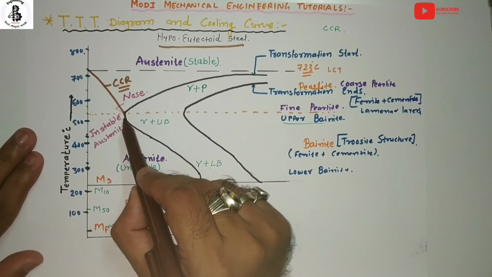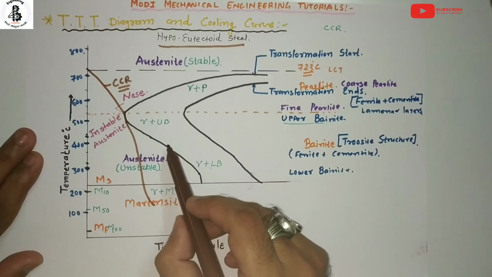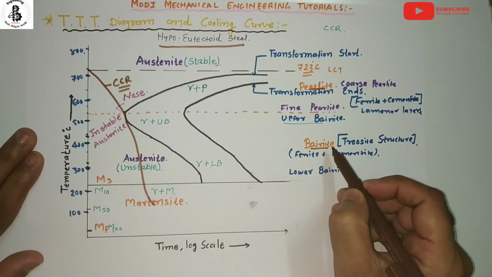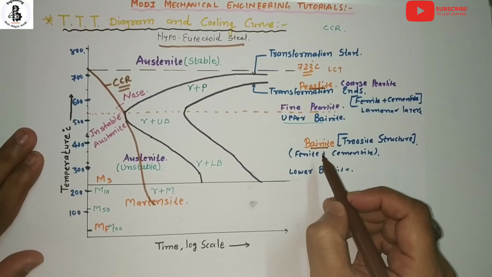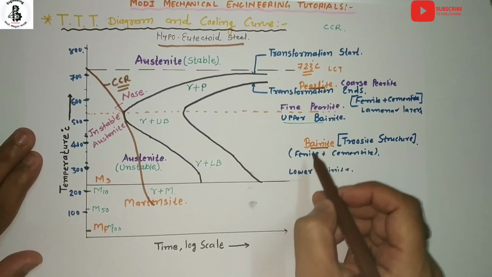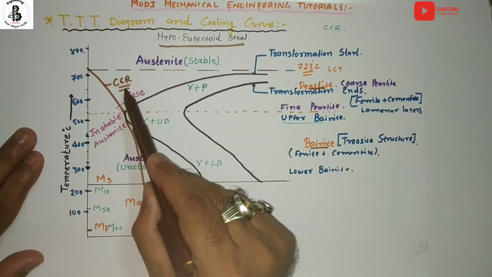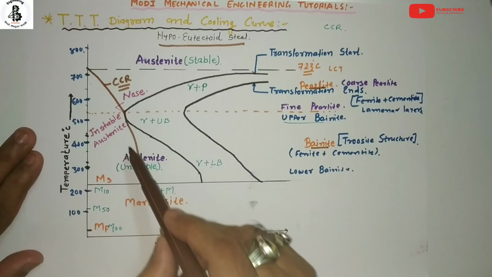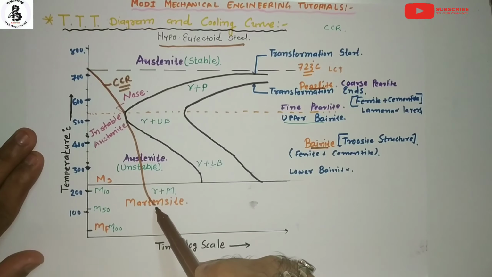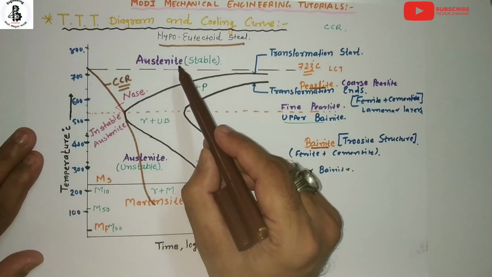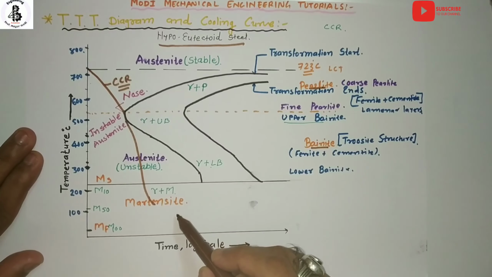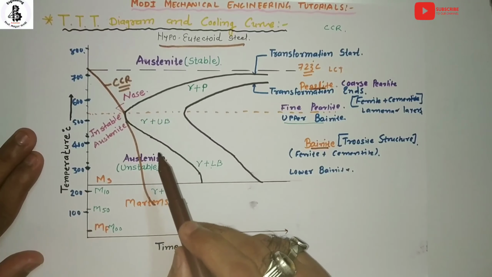This CCR touches the nose of the curve, so it avoids the transformation into pearlite and bainite, which are the soft phases of steel. By applying the CCR, passing through the nose, austenite directly converts into the martensite phase with the minimum cooling rate.